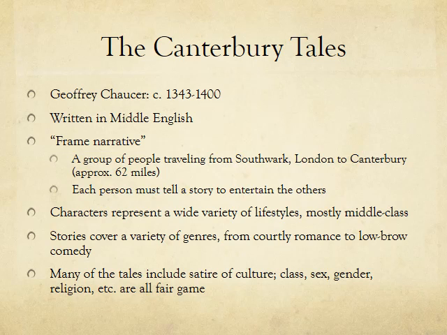You have to be willing to tell a story, and so the main part of the frame narrative is the trip from London to Canterbury, but along the way they stop the story of the trip to tell the story that one of the members of the group tells.